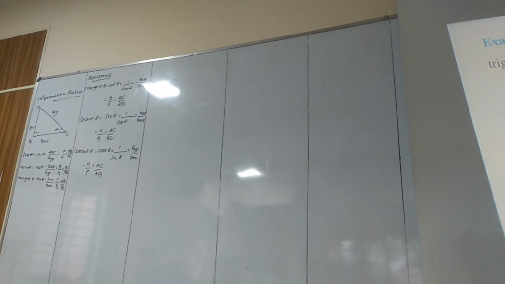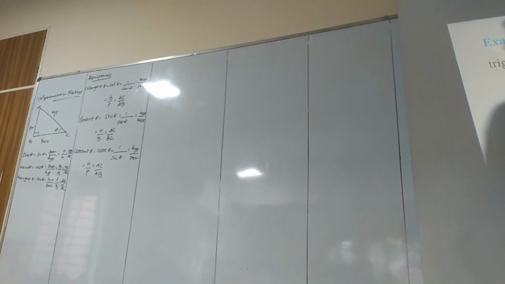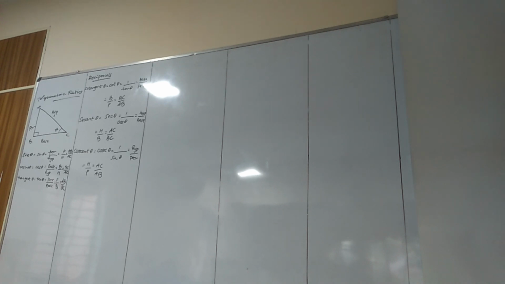Write down example 1. Okay, write just the question. They have given the value, no? Write down the question, I'll explain. Can't you see? Visible? Okay.